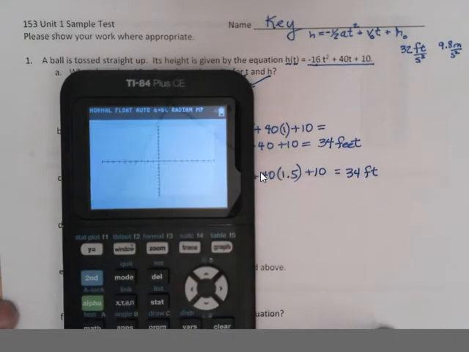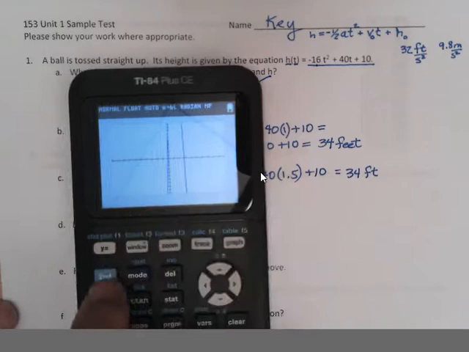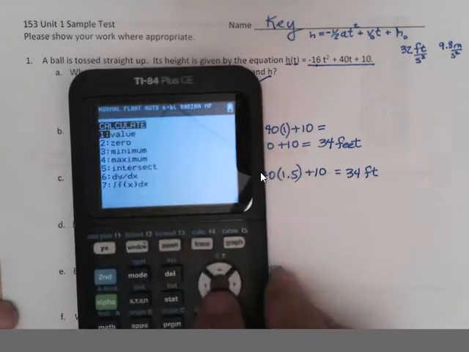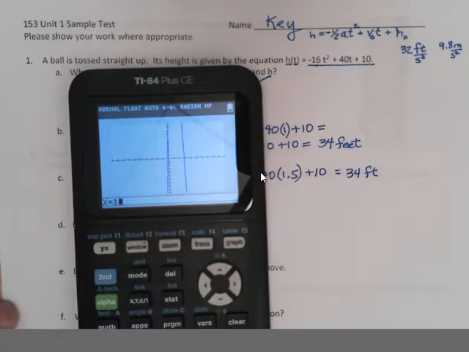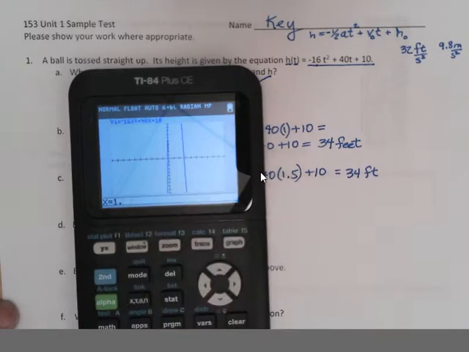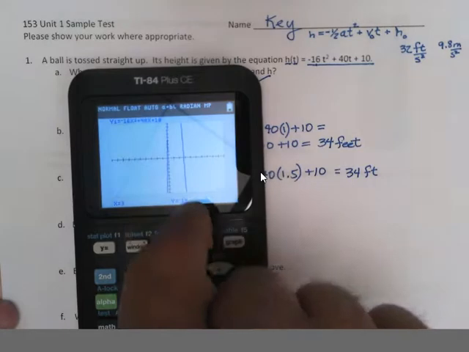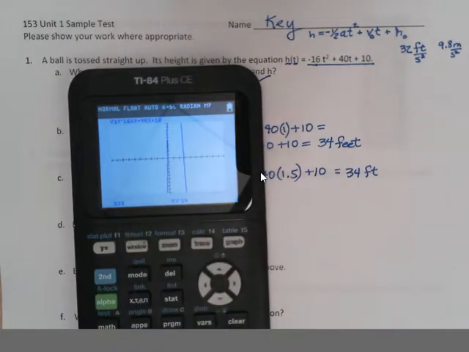If I just did zoom 6, it goes off the screen, but I can still find the values by going second trace or calculate the value at 1 second, 34. At 1.5 seconds, 34. I could ask for 2 seconds, and it would have been at 26. I could have asked at 3 seconds, and it would have been negative 14. It's gone down below the ground. It's hit the ground and stopped.